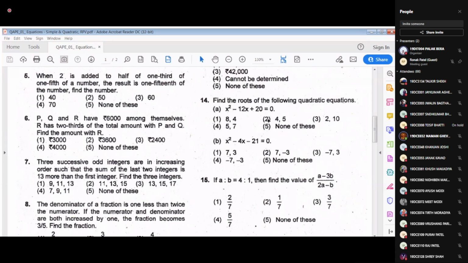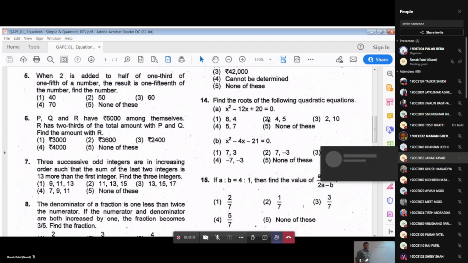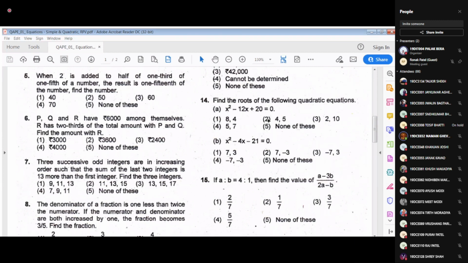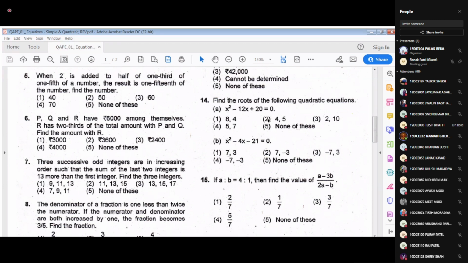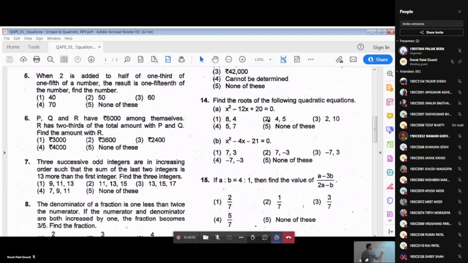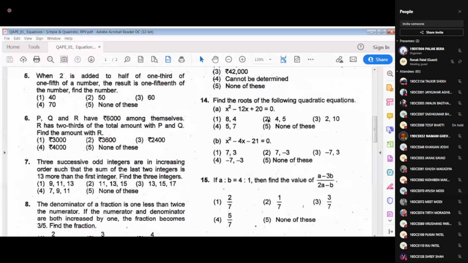Fourteen, 2 and 10. So your mic is mute.